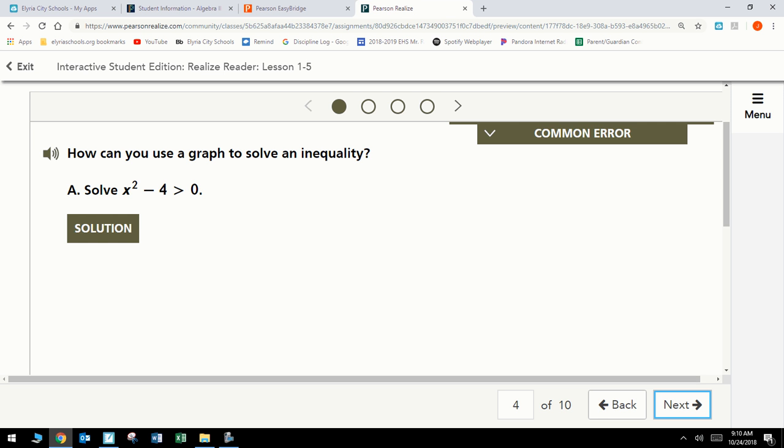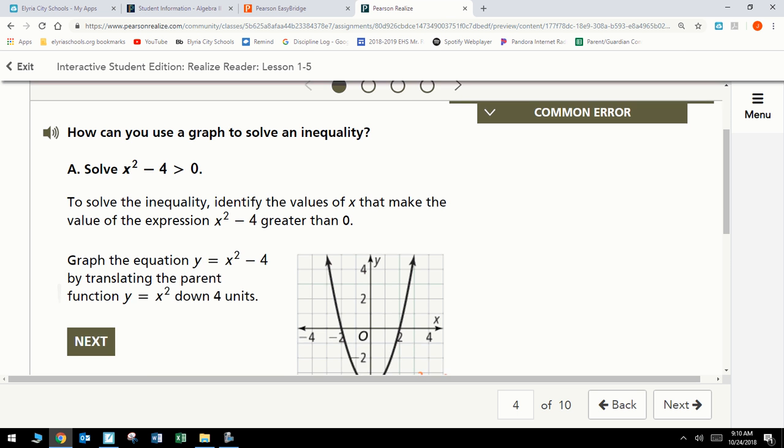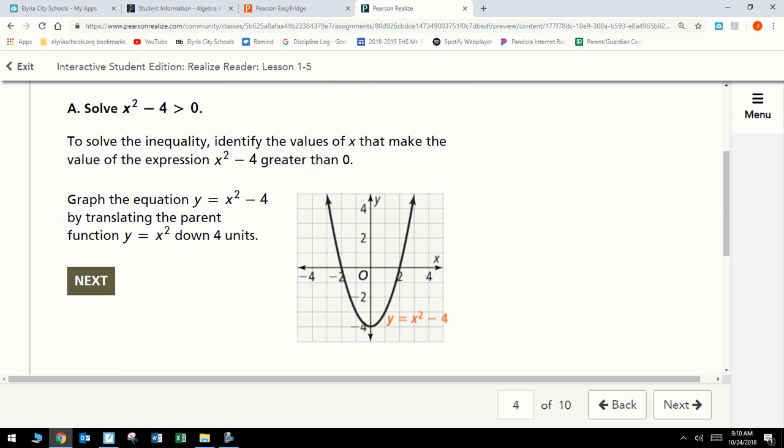So, if I want to use a graph to solve this, I can graph that parabola, x squared minus 4. You can graph it by looking at it as a transformation: it's the basic parabola moved down 4 units. Or you could plot it in a graphing utility, or pick points to plot.